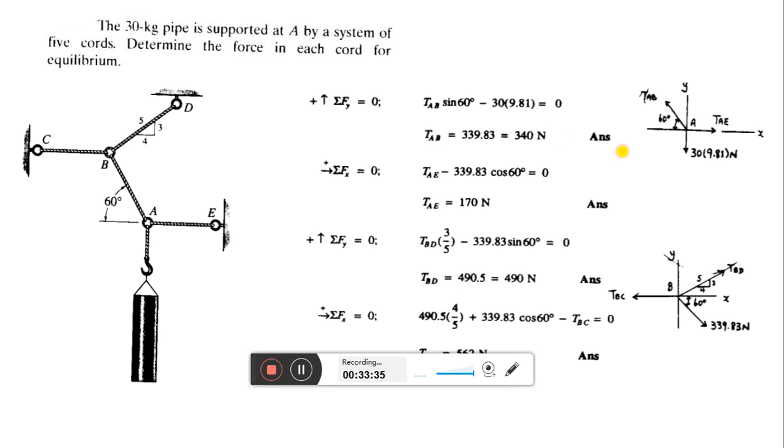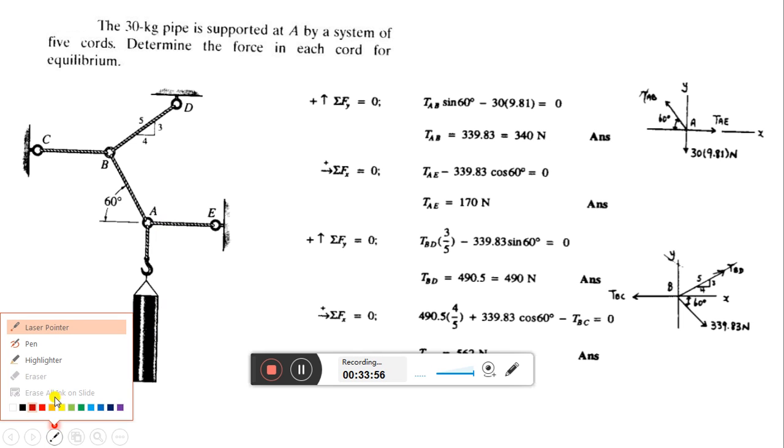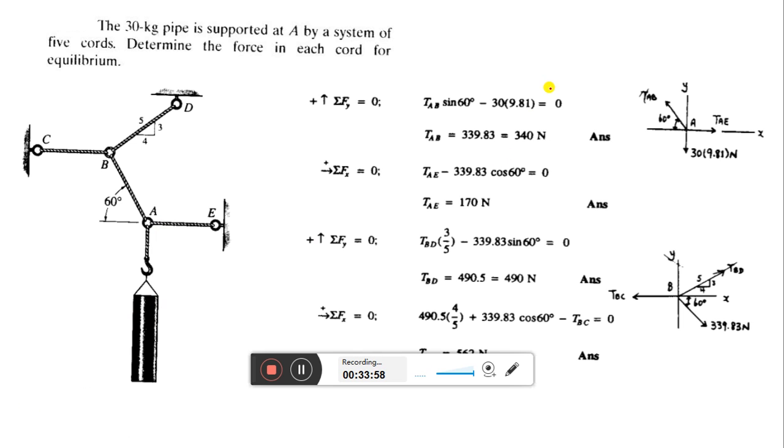So here you can see, first at point A, this pipe is 30 kg pipe. So can you find out the weight? Obviously we can find out. Weight is how much? 30 into 9.81. So this is in the negative direction.